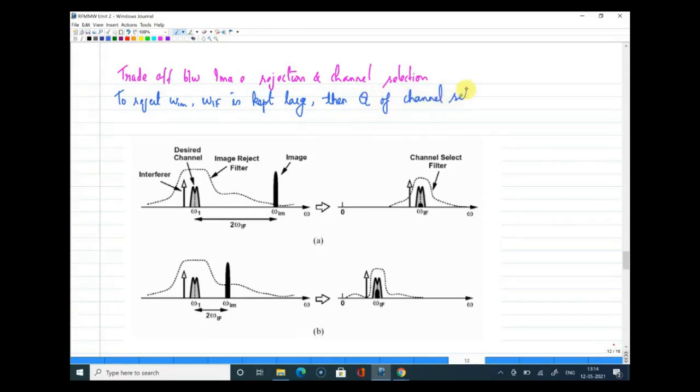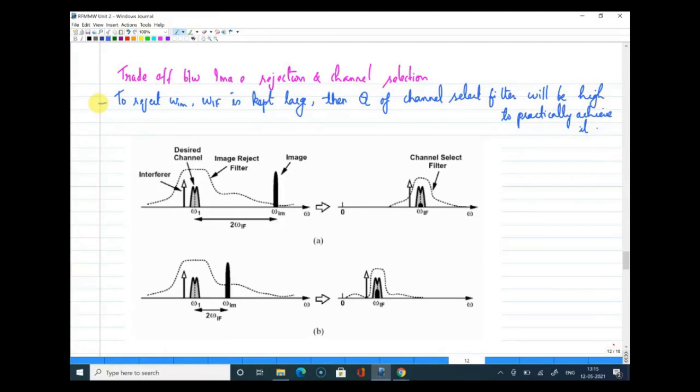Then the Q of the channel select filter will be high, and it will be hard to practically achieve. But why did we keep omega IF large? To sufficiently reject images, right?